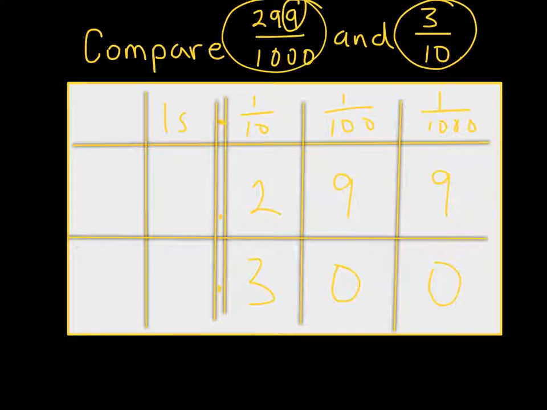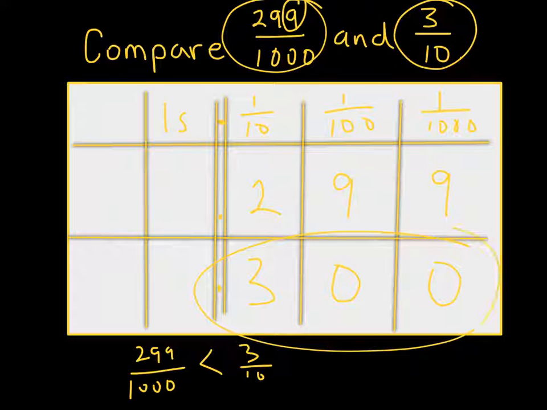So I am going to write my comparison: 299 thousandths is less than 3 tenths, because 3 tenths looks the same as 300 thousandths.